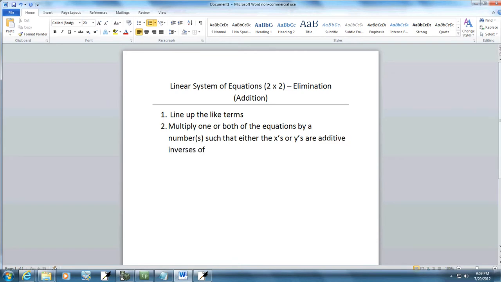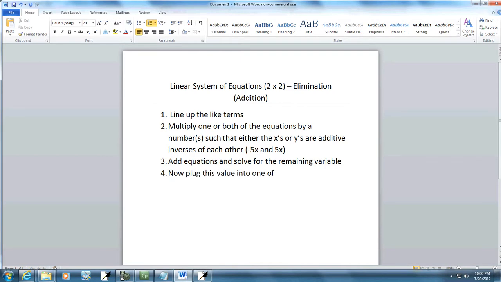Now what I mean by additive inverses, one of them will be a negative 5x and the other one will be a 5x. Negative 3y and a positive 3y. So they're going to be the same except for the signs in front. Now add the equations and solve for the remaining variable. And now plug this value into one of the original equations and solve for the other variable.